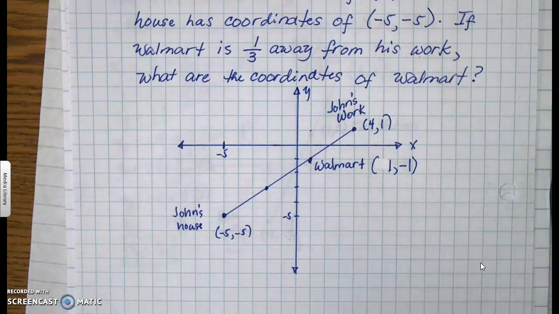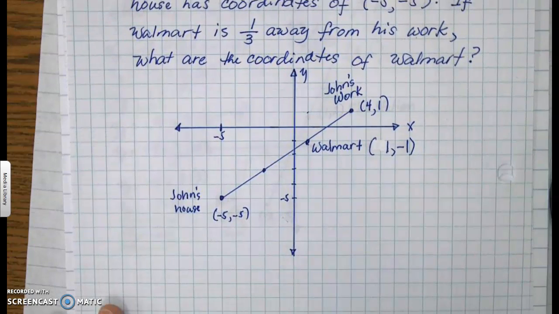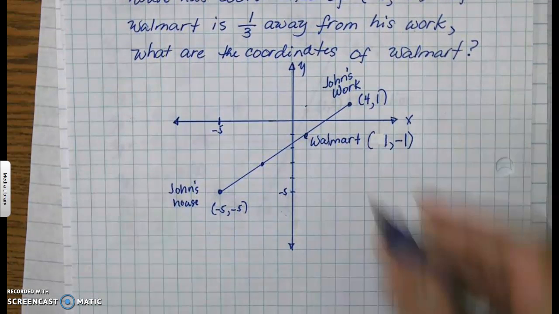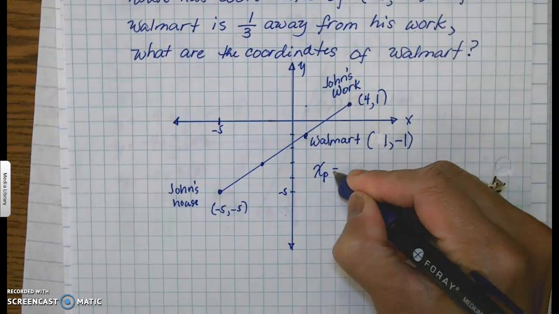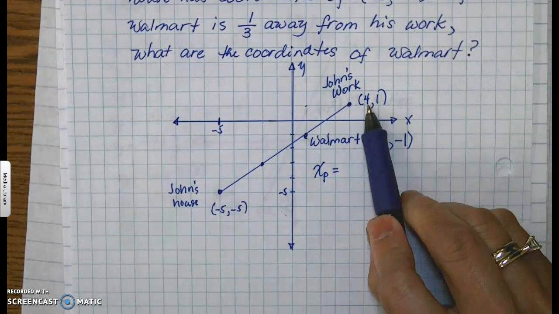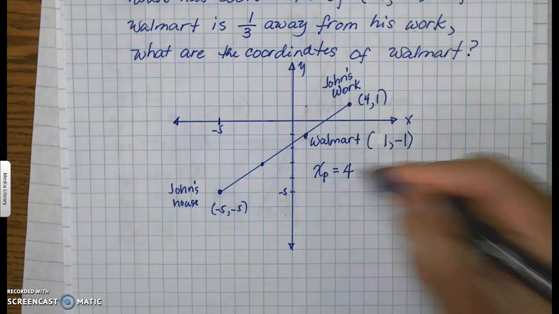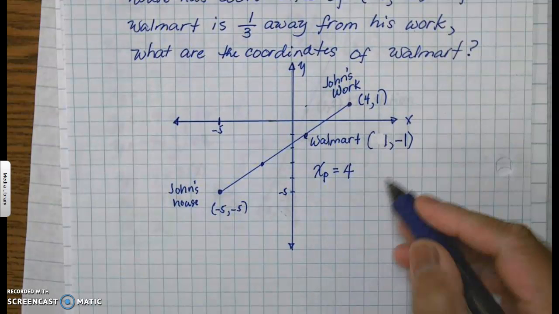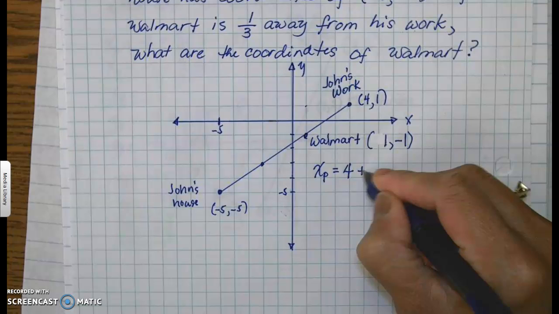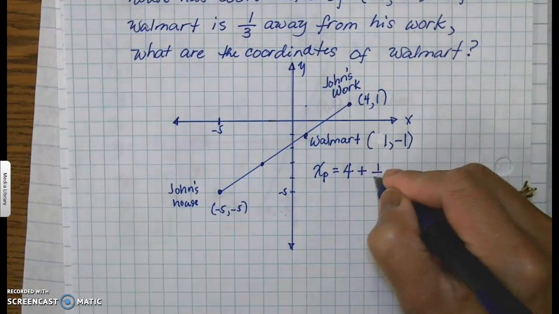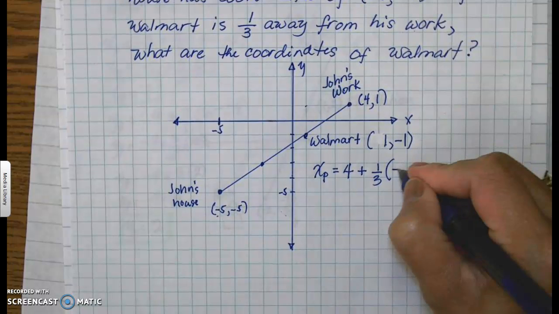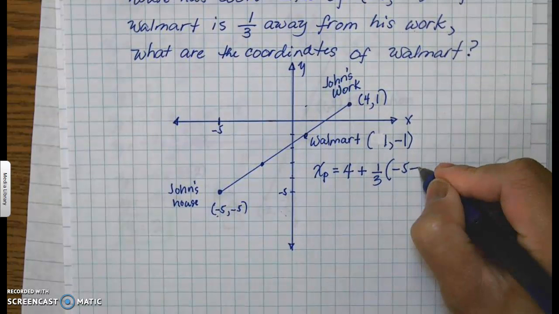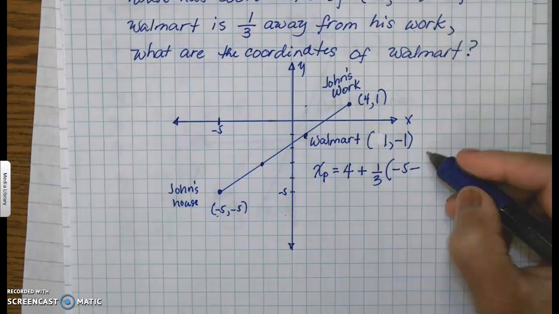Let us now go ahead and solve this algebraically. So the x of our point starts with the x of the beginning point, which is a 4, because you're coming from work, and then add it to your fractional distance of 1/3, and then your endpoint on the x is negative 5. Subtract it with your beginning point.